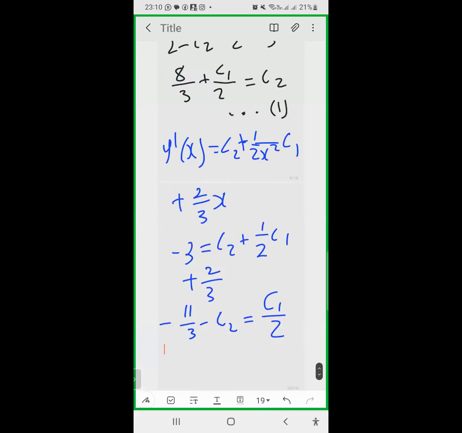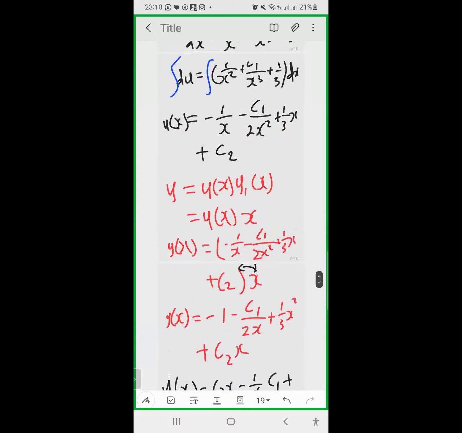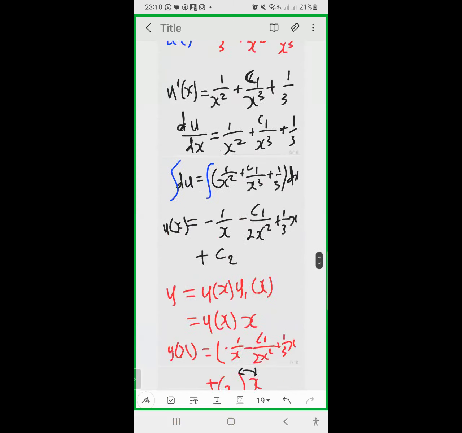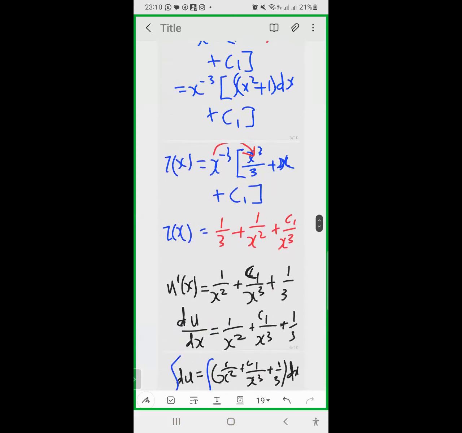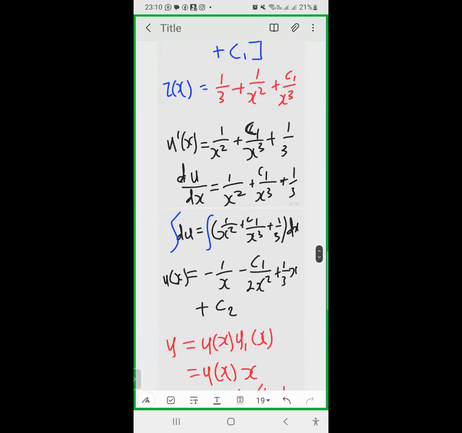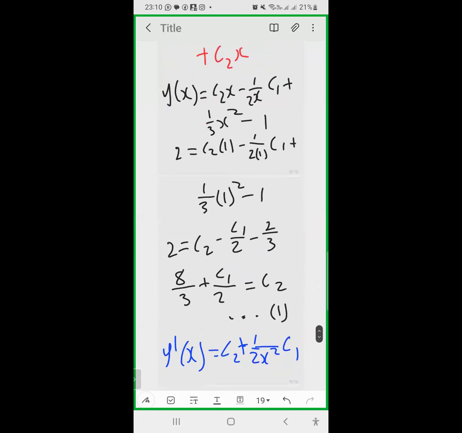So previously on our first equation, we found out that after substituting the initial value, c2 is equal to 8 over 3 plus half c1.